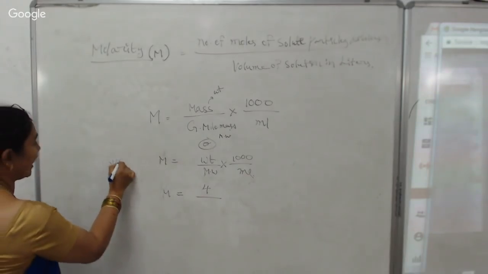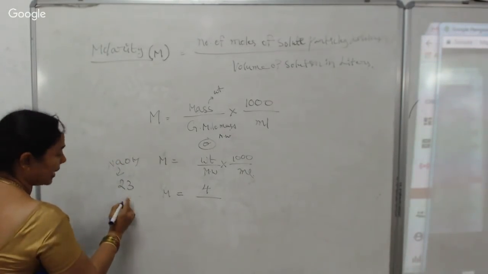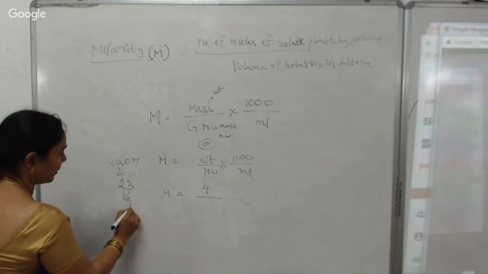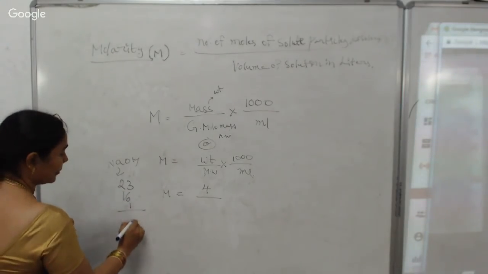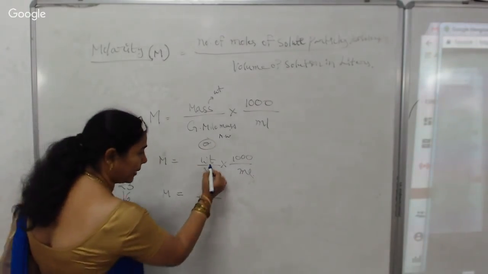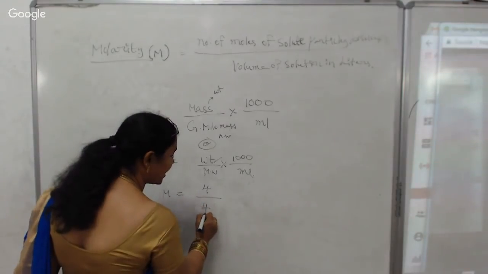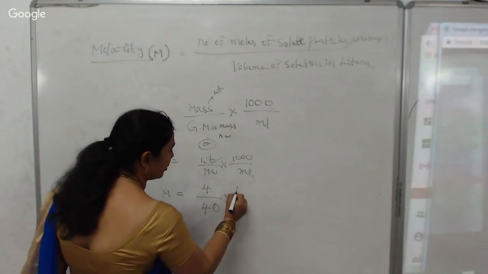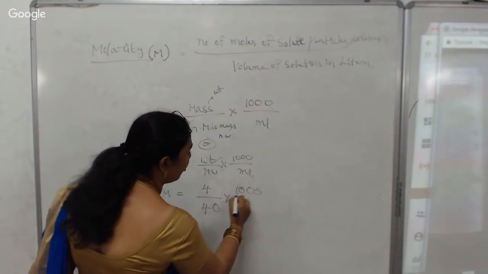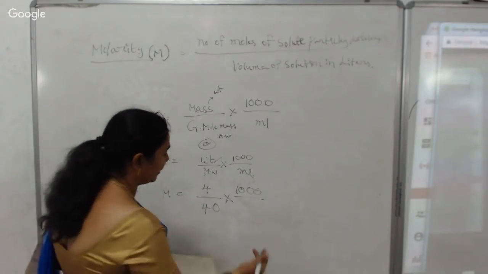Sodium is 23, oxygen is 16 and hydrogen is 1, so it is 40. So M equals 4 by 40 into 1000 divided by 250 ml.